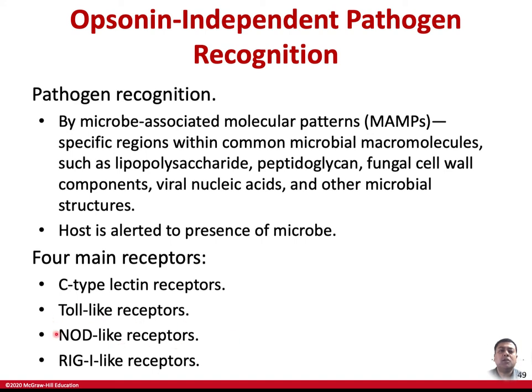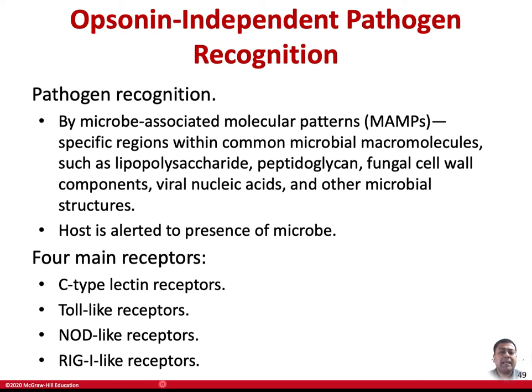But once this NOD-like receptor recruits the caspase-1 into the inflammasome, caspase-1 is involved in cleaving the precursors of IL-1 and IL-18 into functional interleukin-1 and 18, which will again undergo a series of activation, step by step, a cascade of activation, and will activate many immune functions by activating the transcription factors.